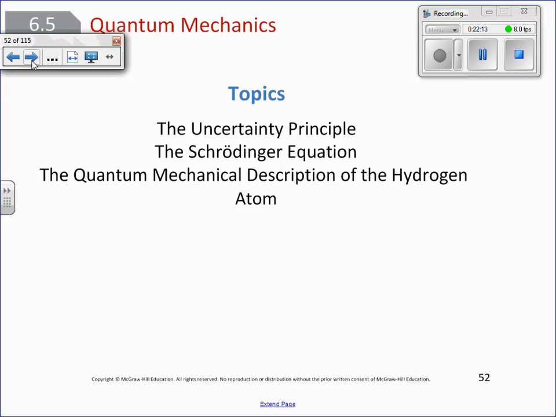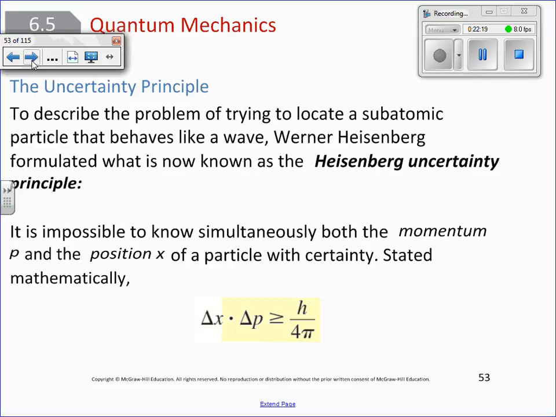So it's the Heisenberg uncertainty principle. Yes, Heisenberg from Breaking Bad, that's where that came from. Is it possible to know simultaneously both the momentum, p, and the position, x, of a particle with certainty? We can state that as the change in the position x times the change in the momentum p is greater than or equal to h over 4 pi.